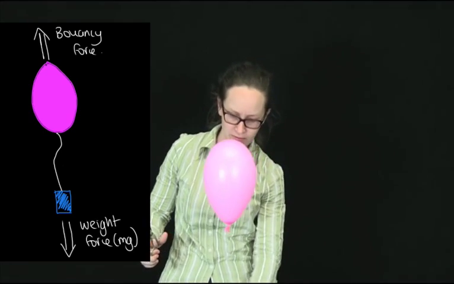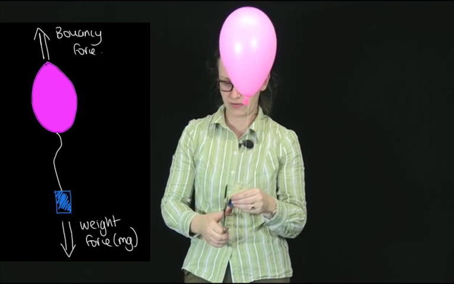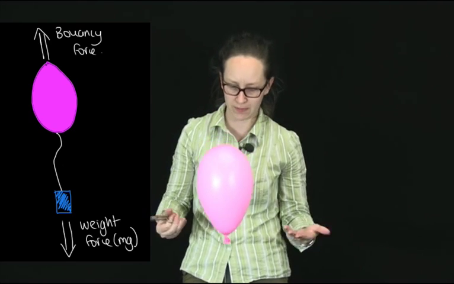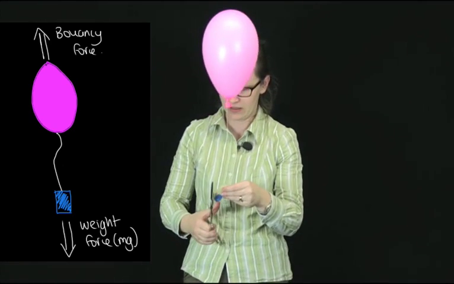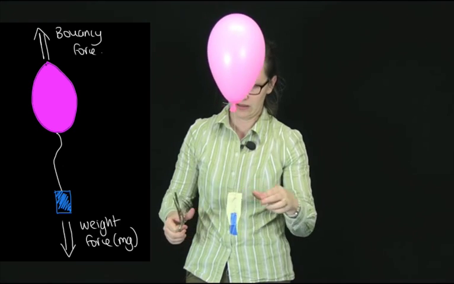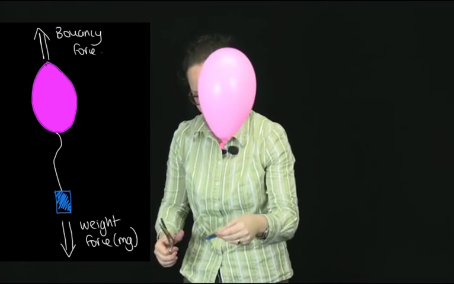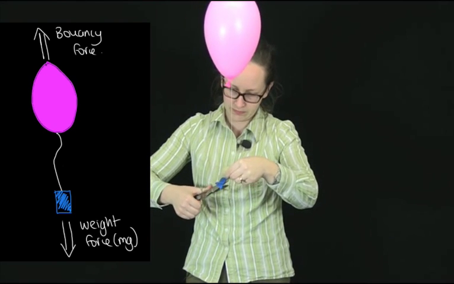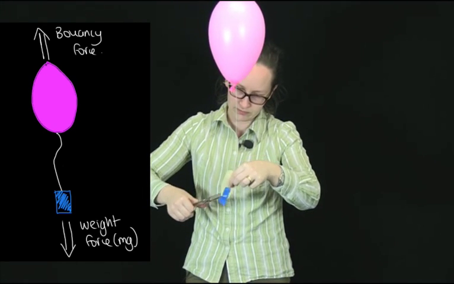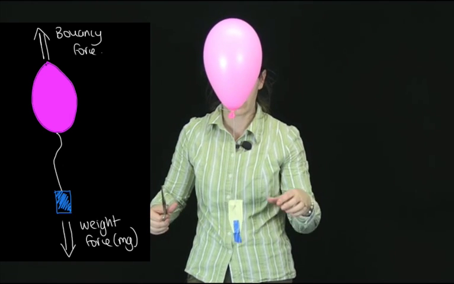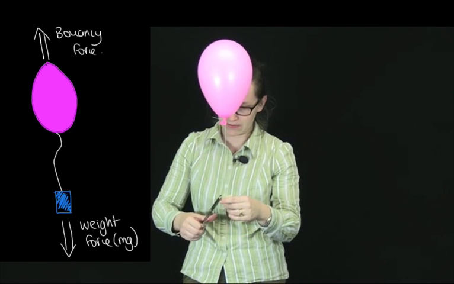Okay, still going downwards, so we need to snip off a little bit more. Going downwards, but accelerating more slowly. Going downwards very, very slowly, so just a little bit more. Very, very slow downwards.